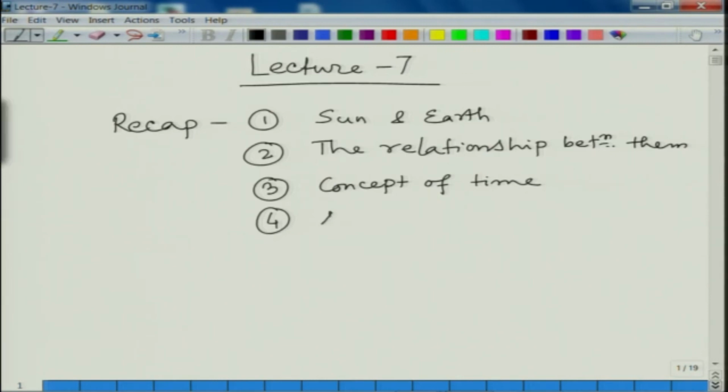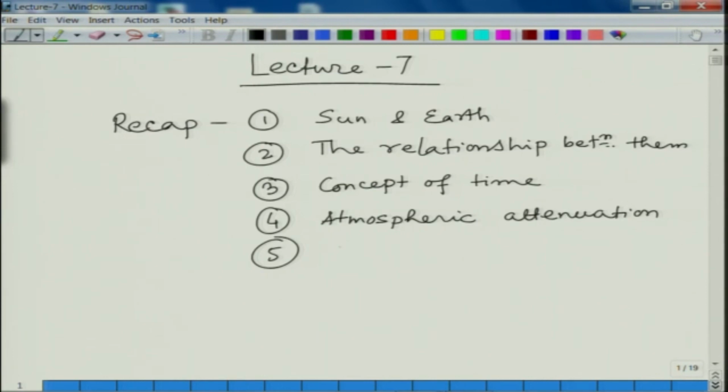Then we have looked at how atmosphere plays a role, atmospheric attenuation. That also we have looked at how the solar spectrum gets affected by the atmospheric components. So those things we covered.